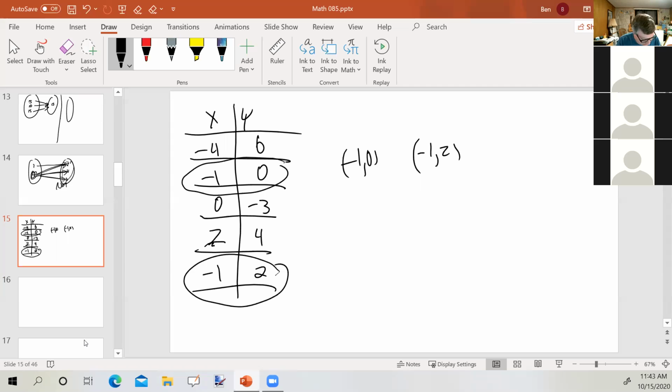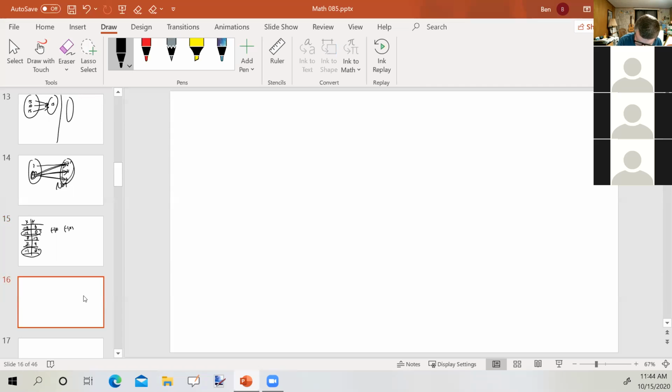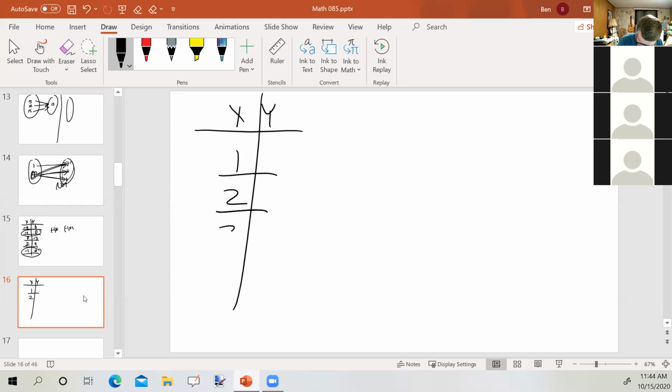Okay, now, oh, here's one more. Function or not? Would it be yes? Yes, quadruplets. I think that's right. 4 different inputs with the same output, 4 people with the same birthday. Okay.